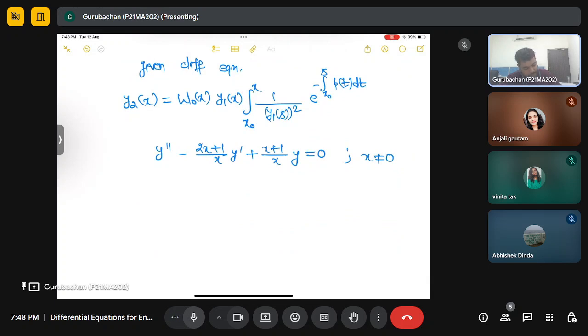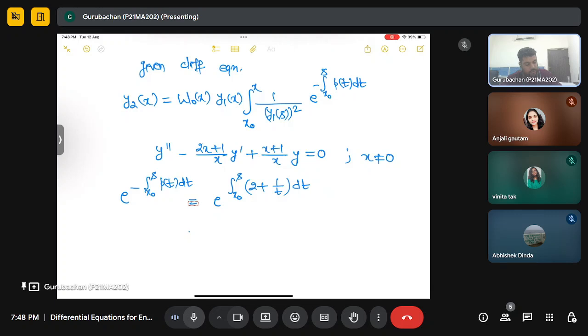Therefore, this first factor, from x naught to s, p(t) dt, will be e to the power integral from x naught to s of (2 plus 1 by t) dt.